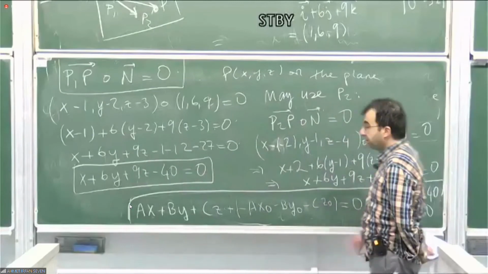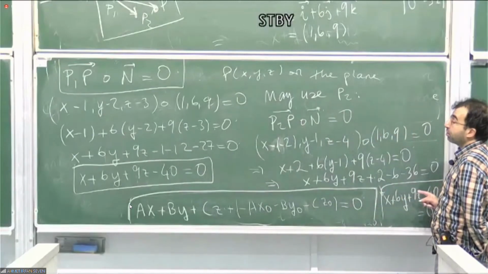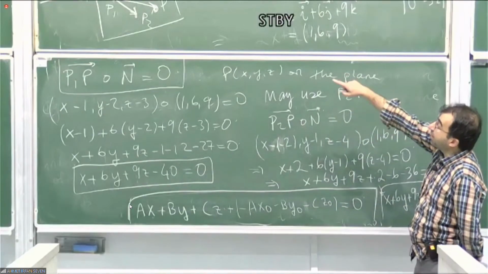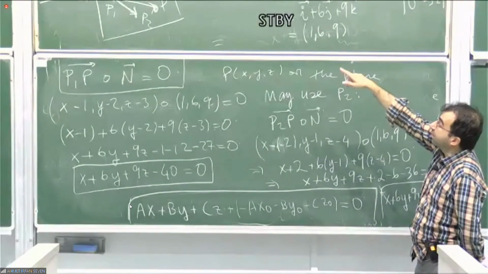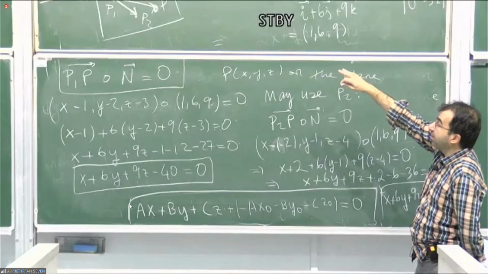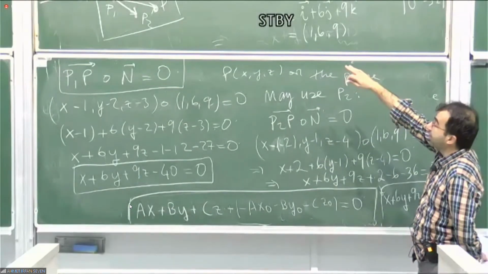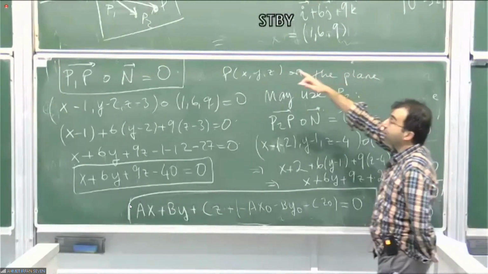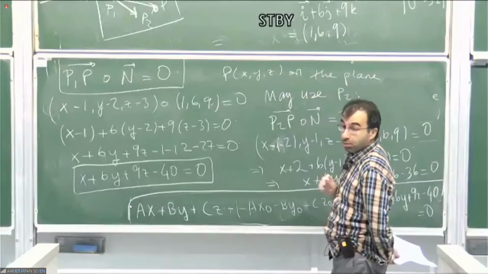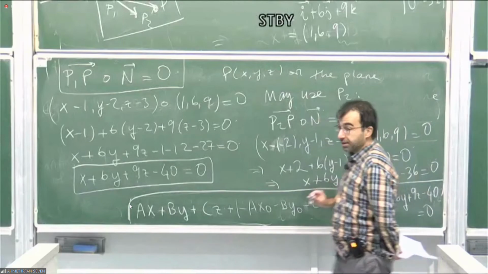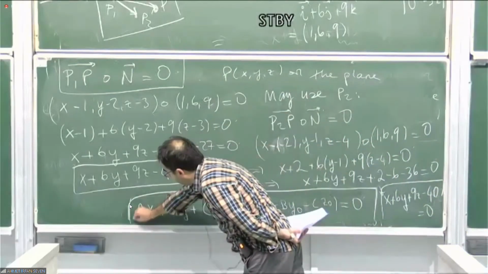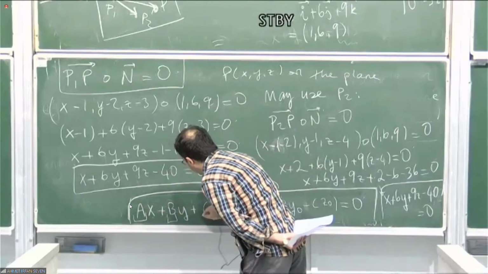Interesting, right? Because the reason is that there is no difference between P1 and P2. They are both points on the plane, and also I'm using the same normal vector. And as I said, this normal vector always will appear as coefficients in front of x, y, and z.